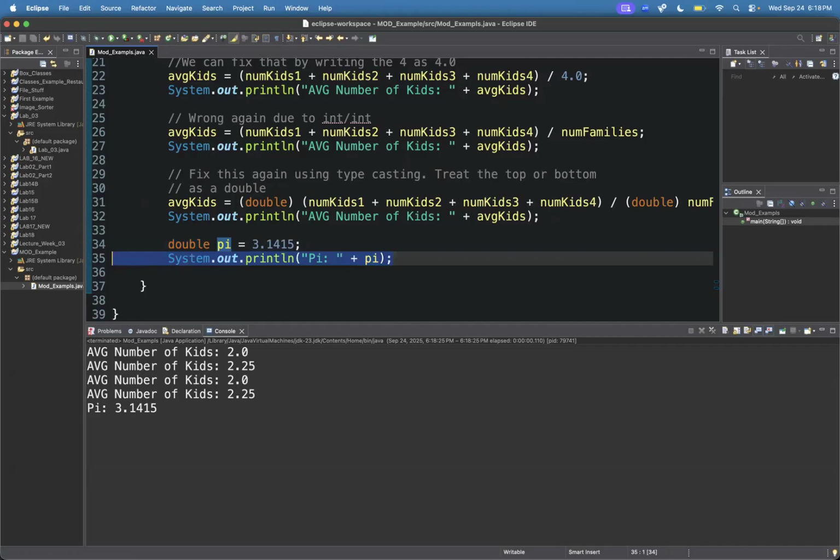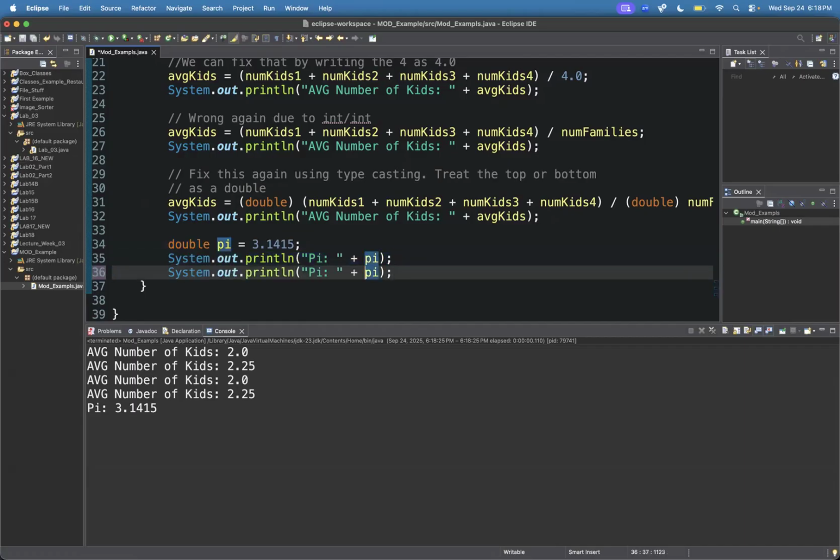Now, just to show you what you can do with typecasting, what if I just write int right there? Then I would be saying treat pi like an integer, and you just get 3. So you don't have to turn integers into doubles.